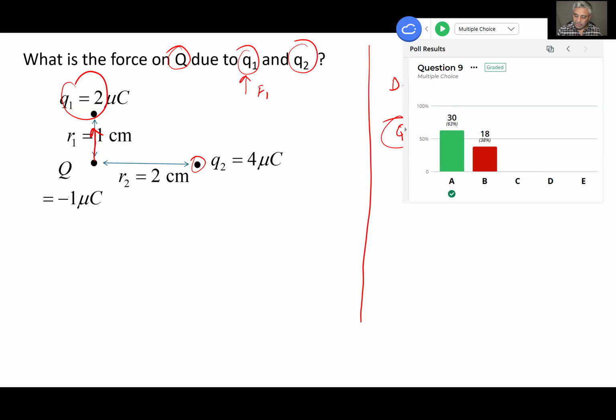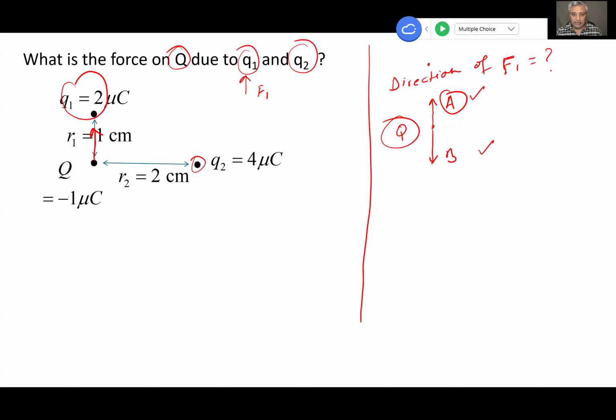Okay, but I'm still getting quite a few B as well. Opposite charges attract means they pull towards each other. So when we are looking at the force on this one, it must be pointing that way because of that.